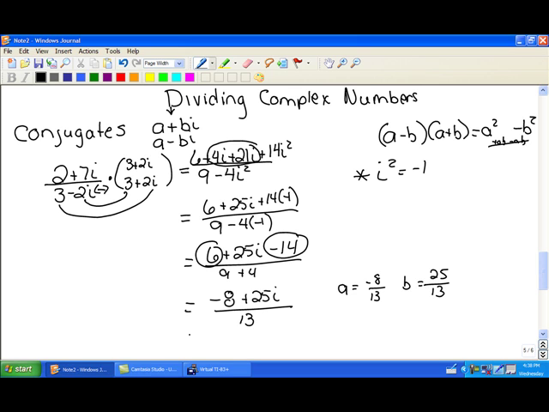Because we remember, this is the same as that 13 going to both of those terms. You don't have to actually write it out like this, as long as you realize that the a is negative 8/13 and the b is positive 25i over 13.